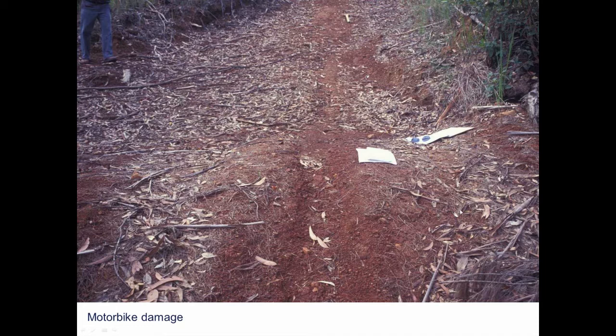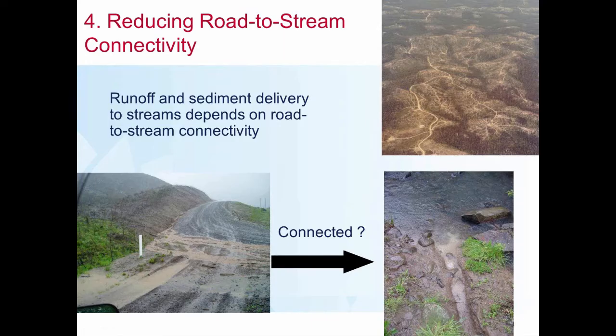So, moving on then, in terms of reducing effects on water quality in the aquatic environment, aside from minimising erosion of the road surface as much as possible, the whole principle here of reducing effects on water quality is to ensure that road to stream connectivity is minimised.